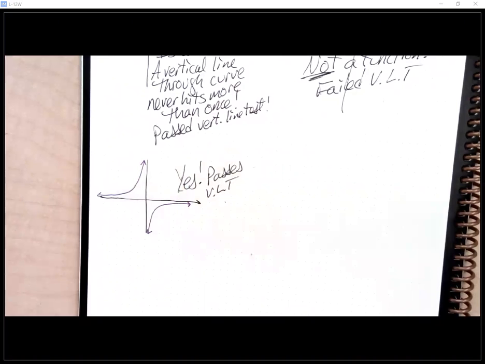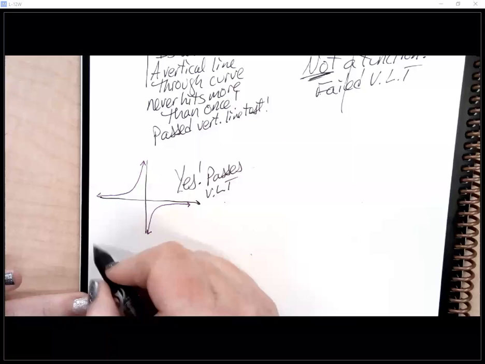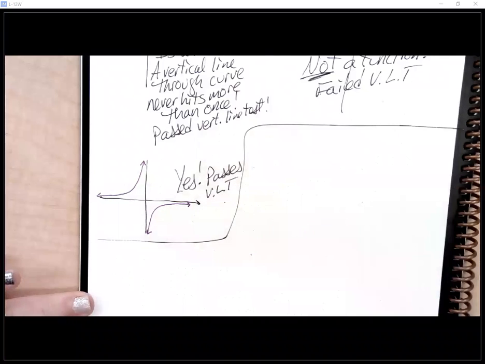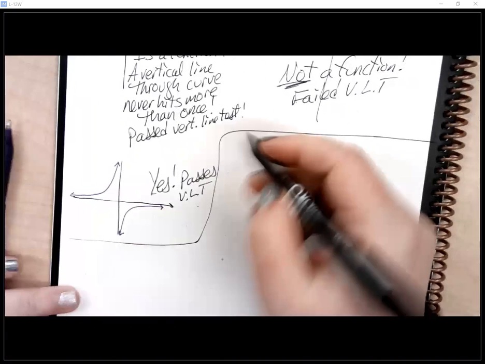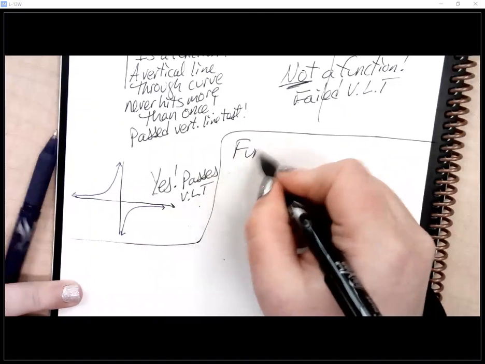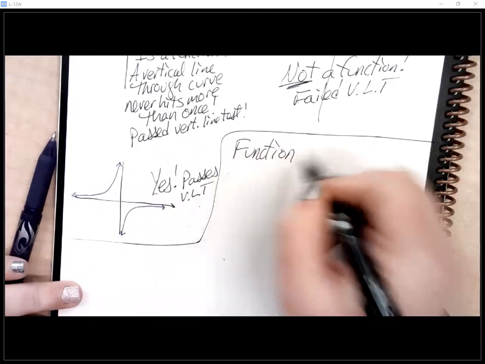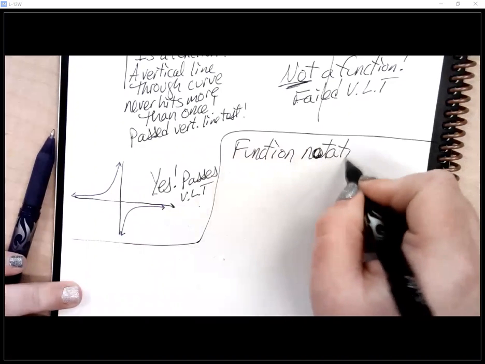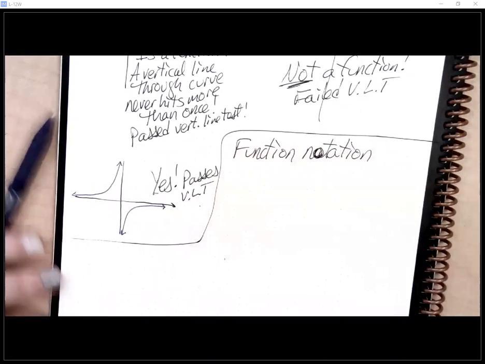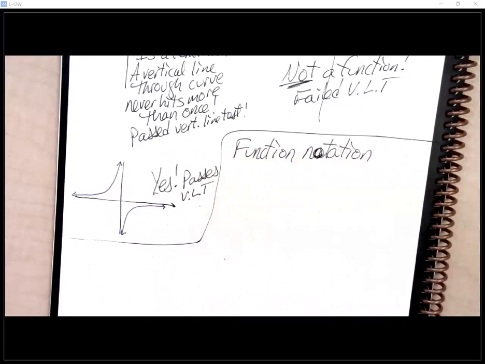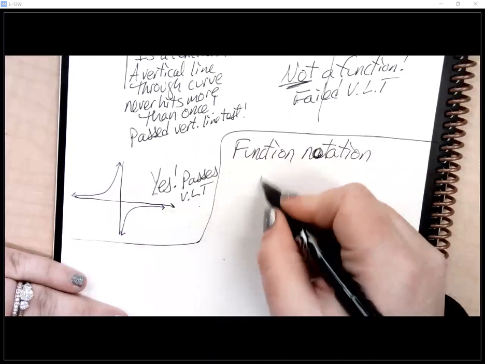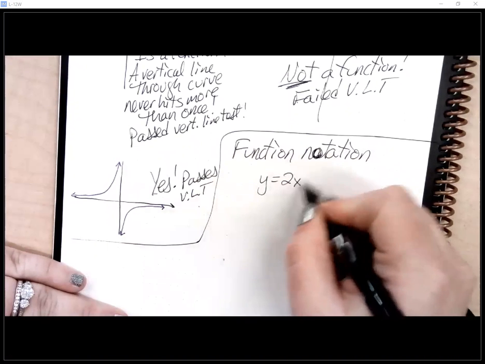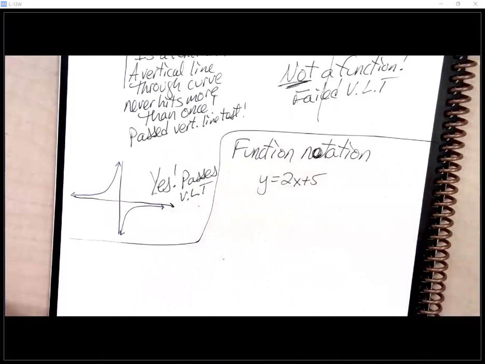Okay. Let's talk about function notation. Now that we have established we're dealing with a function, function notation. Let's just take a straight line, like y equals 2x plus 5. This is written in what we normally call XY notation, because we're using X's and Y's.